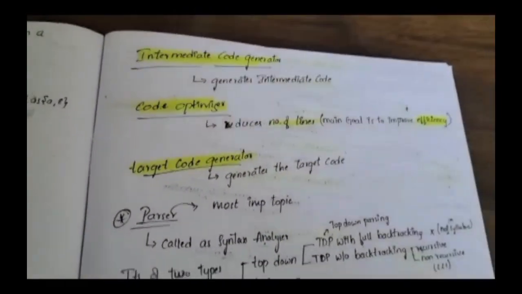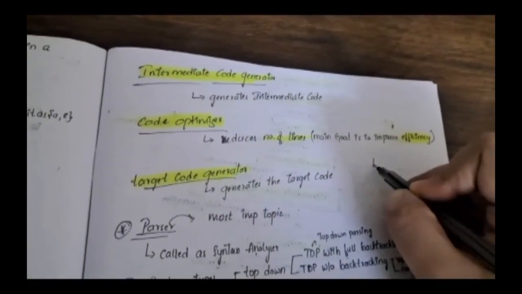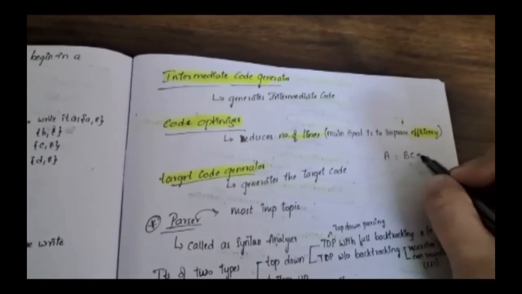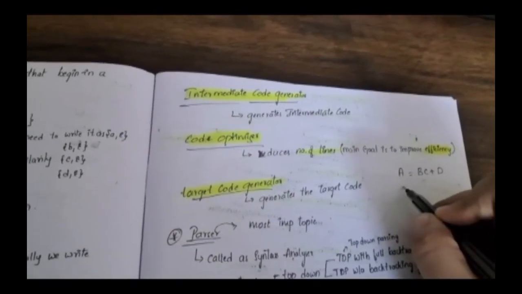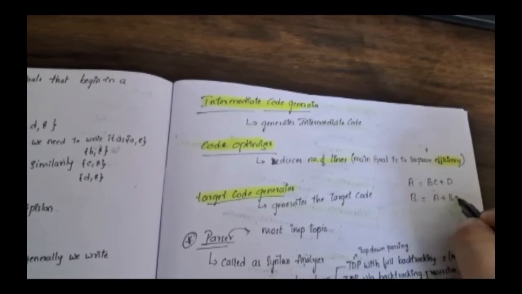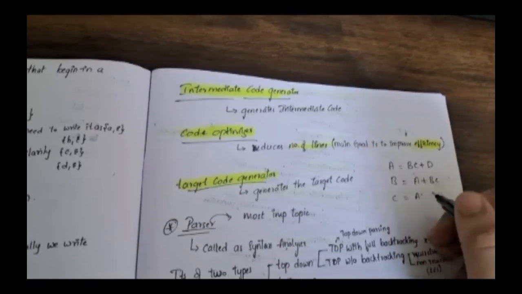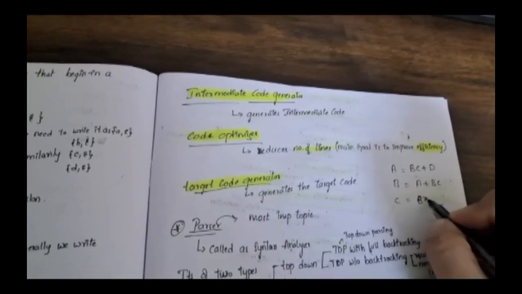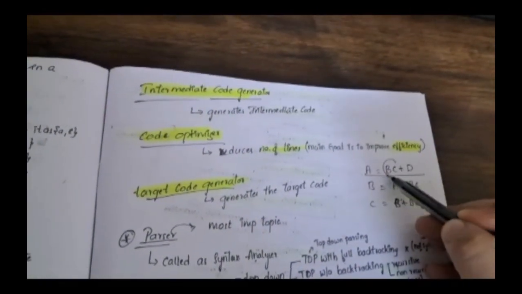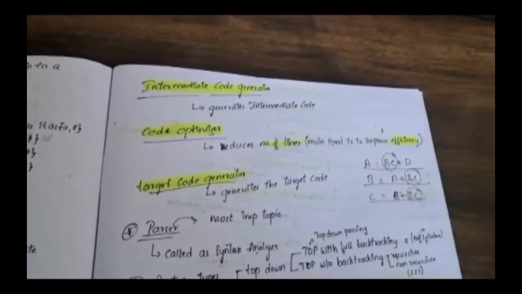Now I can give a small example. Suppose I have A = BC + D, and B = A + BC, and C = B + BC. Now what is happening? In this line BC is executed, again in this line BC is executed, again in this line BC is executed.